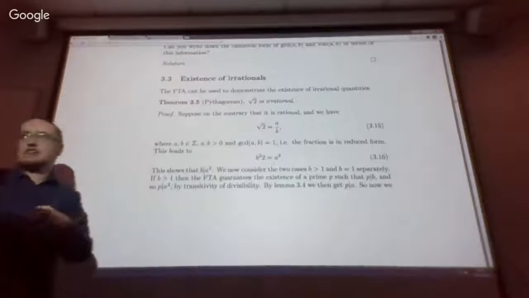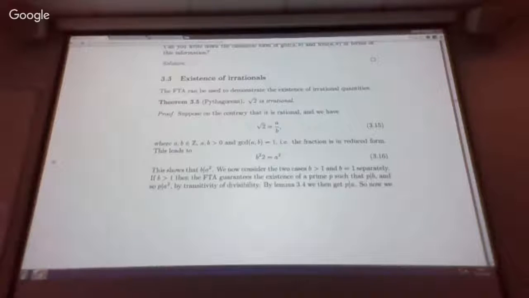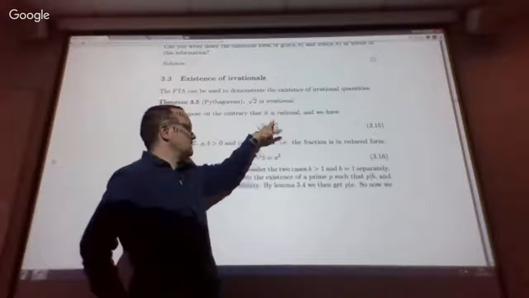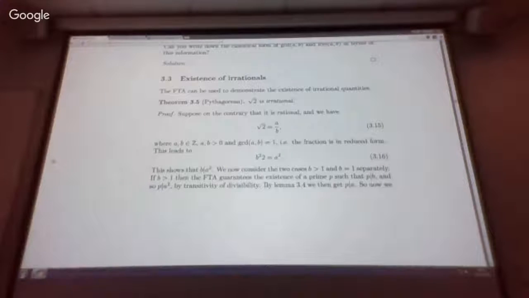So a and b have no greatest common divisor apart from 1. If they did have a non-trivial common divisor bigger than 1, we could divide it out of each of them to simplify the fraction. Okay? So this is the rational fraction for root 2 using the smallest possible denominator.